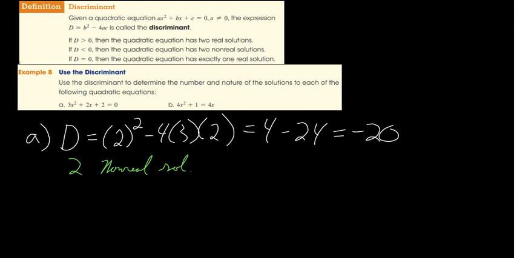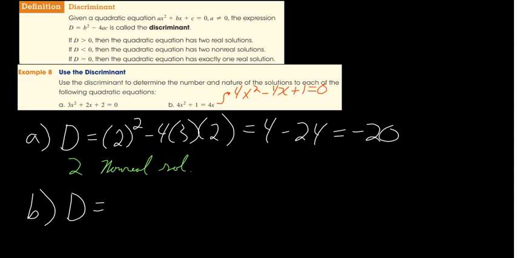And then let's do B. Again, the discriminant is going to be equal to... We're going to do a little bit of rearranging here. So 4x squared minus 4x plus 1 is equal to 0.